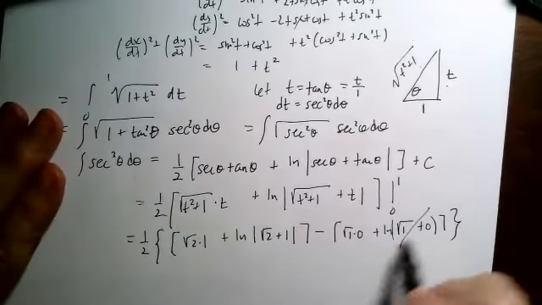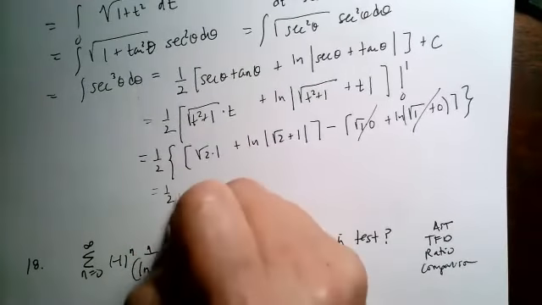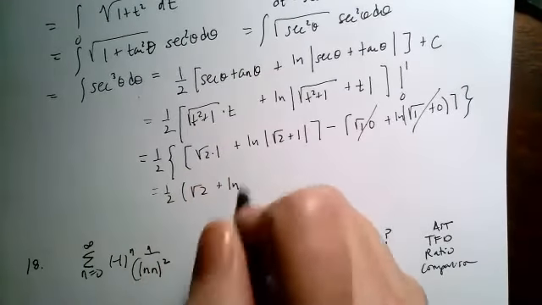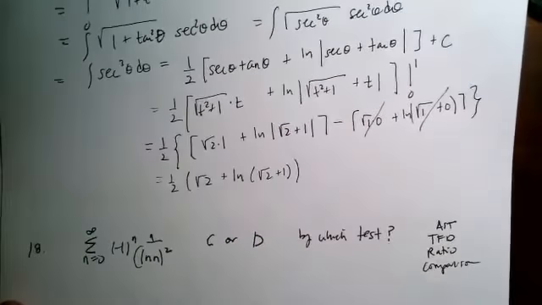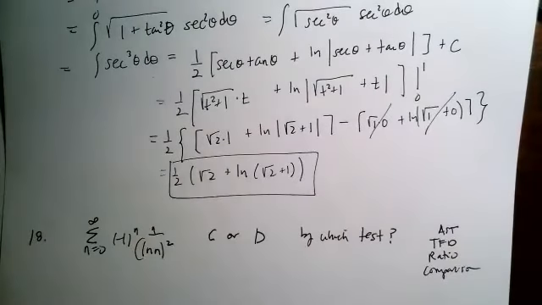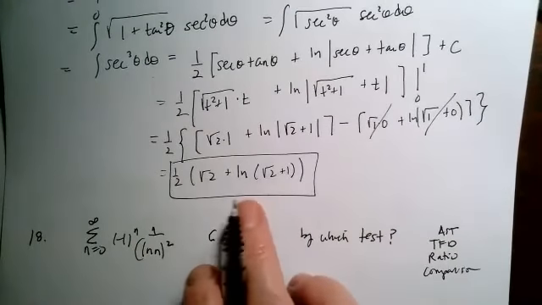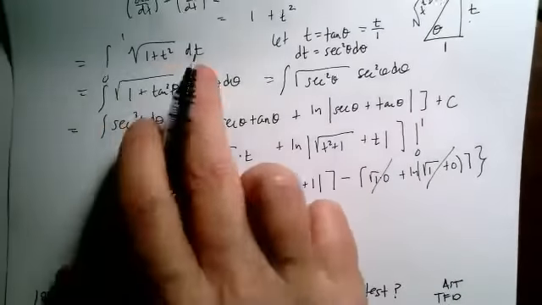All right, the log of 1 is 0, so that's 0. So we'll have 1/2 times root 2 plus the log of root 2 plus 1. Okay? I don't think you're going to get anything this long in Dr. Manley's class, but it's a good review of tricks though.